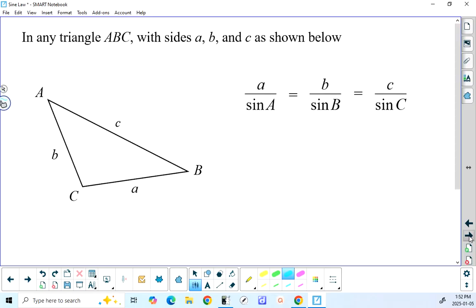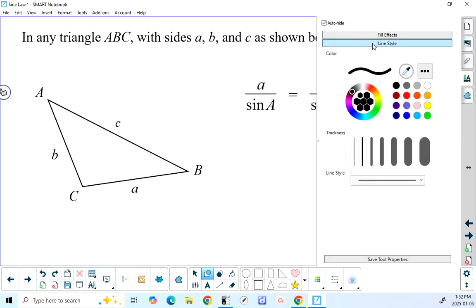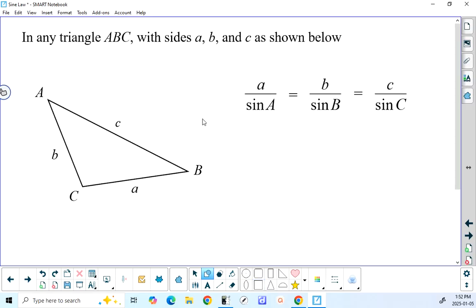You'll see how this works in detail in a second, but one of the things I mentioned on that Friday, and this is fairly important here, is that this formula, a over sine A equals b over sine B equals c over sine C, is not something you would ever use all of. What you would do is use part of it.